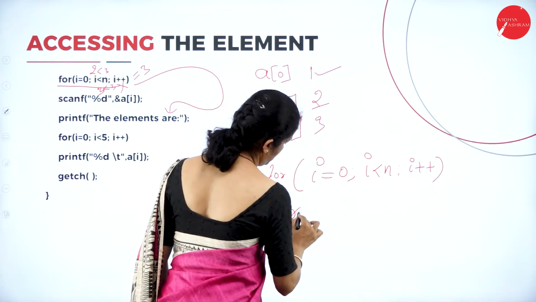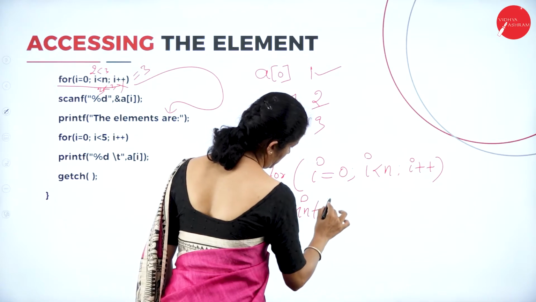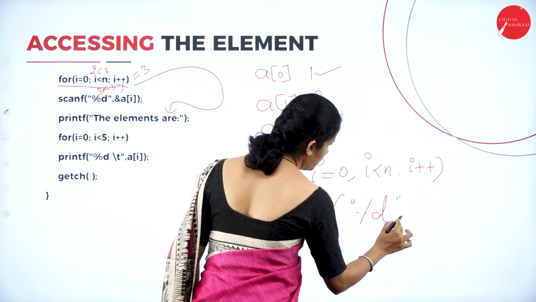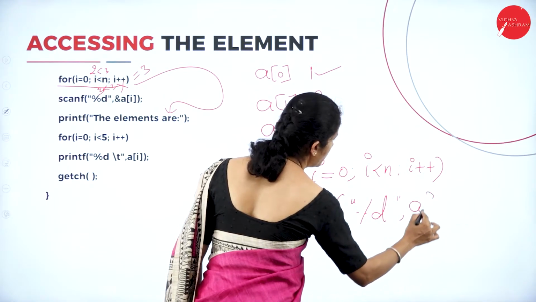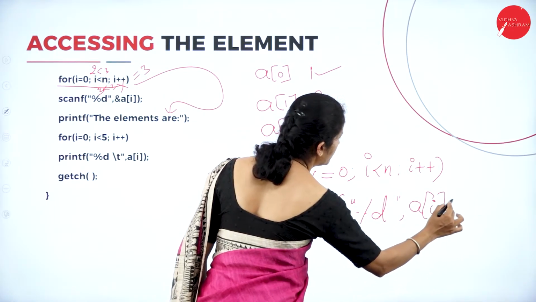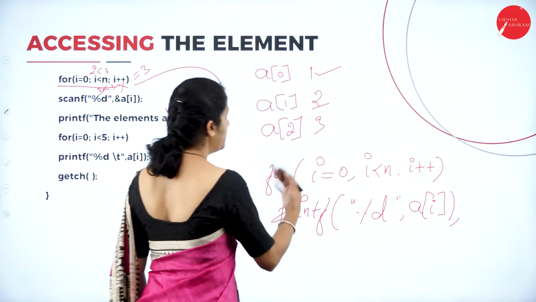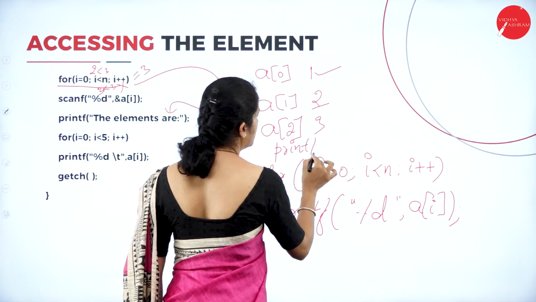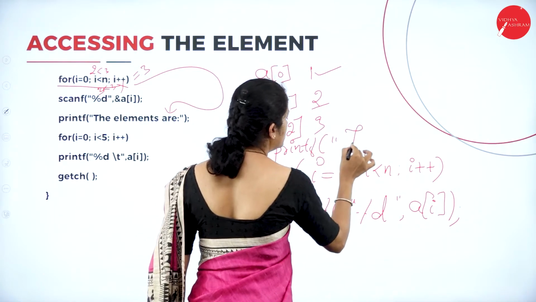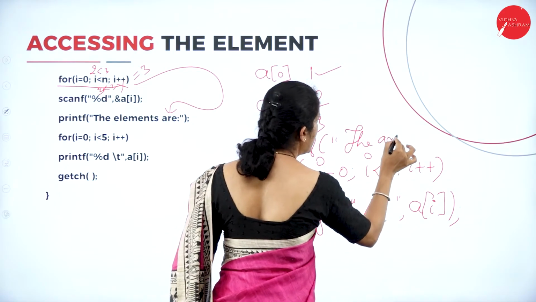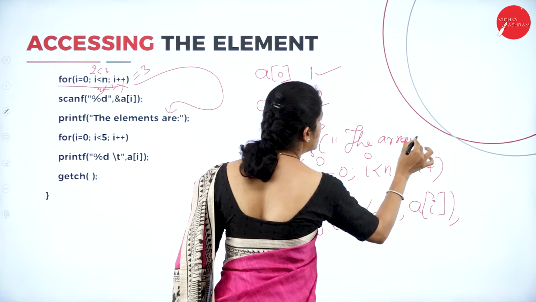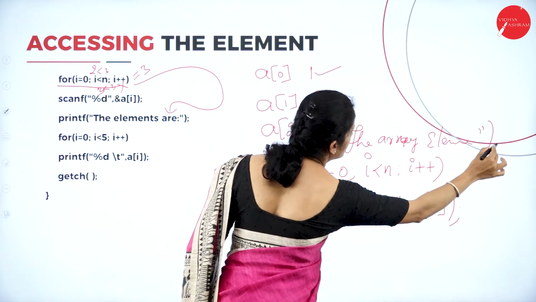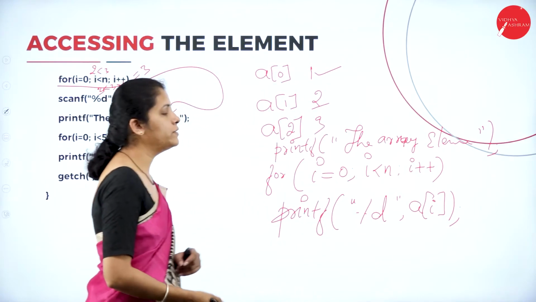Printf percentage d, a of I. And if you want any message, here you can write printf the array elements are, okay, then I'm going to have the for loop.